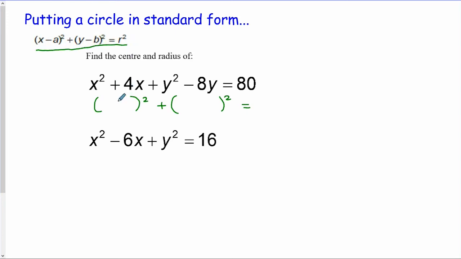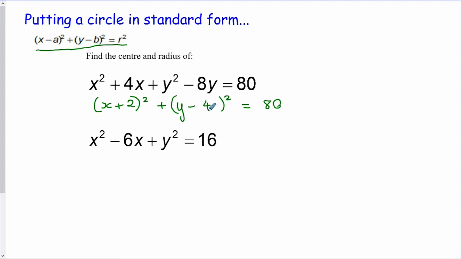Now remember, when I square out, whatever I put over here will multiply with the x and then double. So I need to take that and halve it. Likewise, I need to take the minus 8 and halve it. If I was to multiply this out right now as it stands, I'd get exactly what I had on the left-hand side, but I'd get a plus 4 from squaring the 2, and a plus 16 from squaring the 4.